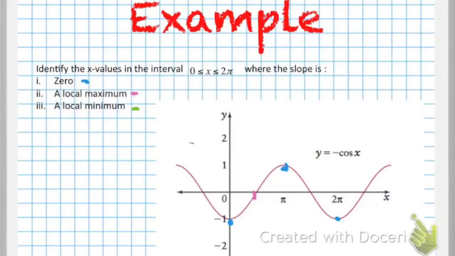If we look at 3 pi over 2, it's decreasing and then increasing. So that's a minimum. So that would be green.